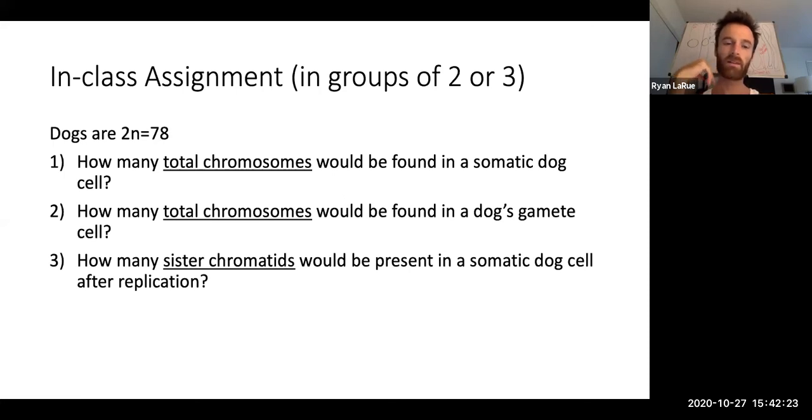So we know the somatic dog cell has 78 chromosomes, right? After replication, we just learned that it still has 78 chromosomes. How many sister chromatids? That's right, 156.